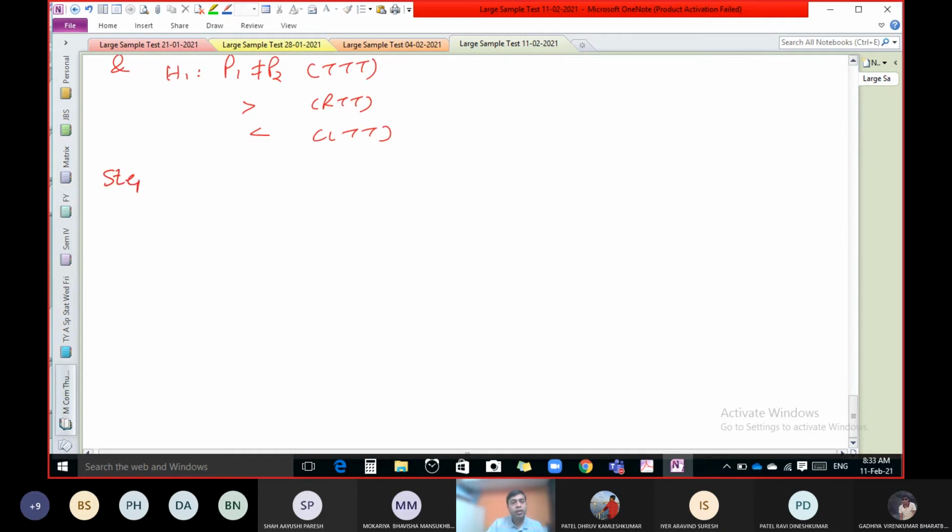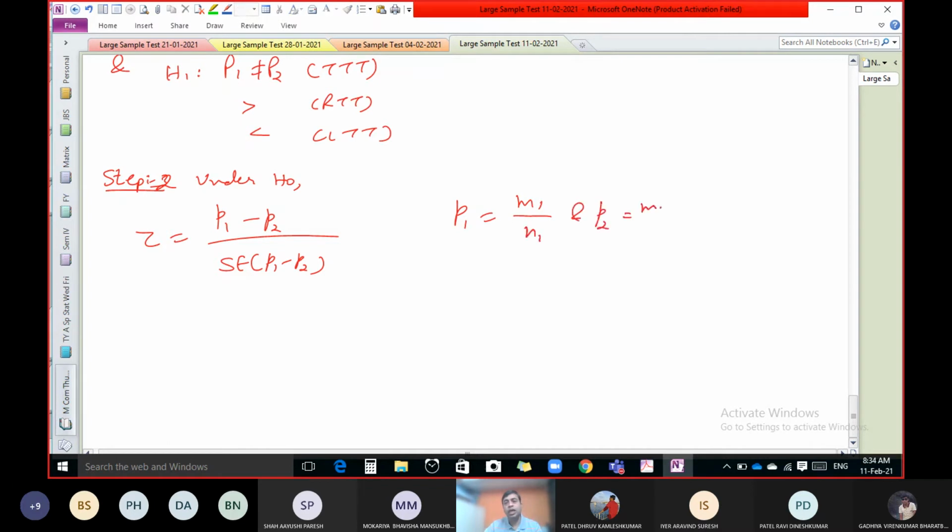Step 2, under H naught. The formula is small p1 minus small p2 upon the standard error of small p1 minus small p2. How to calculate p1? It is m1 upon n1, and p2 is m2 upon n2.